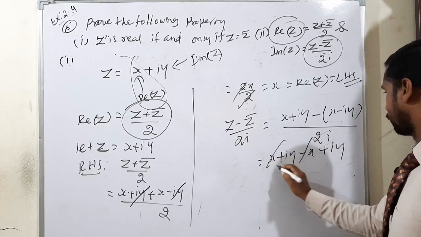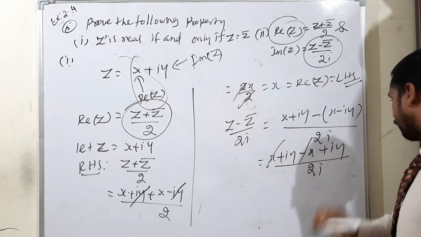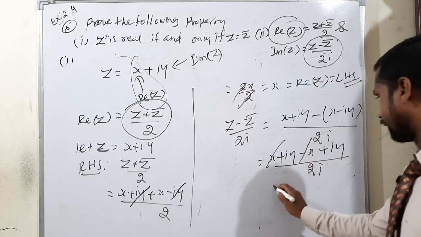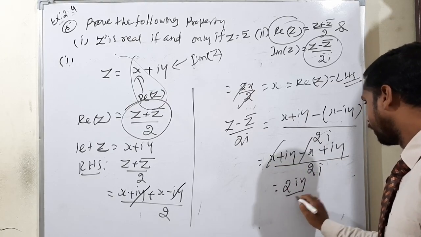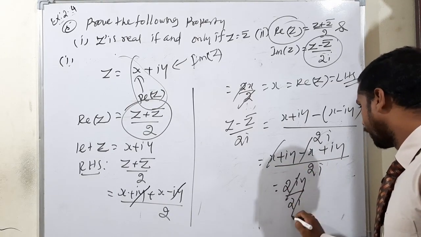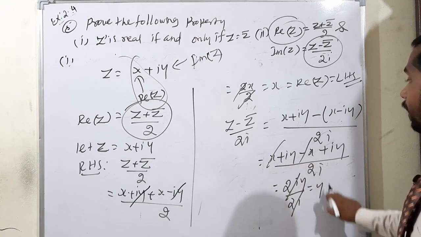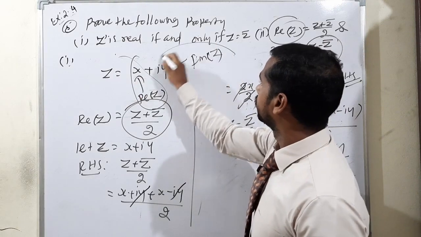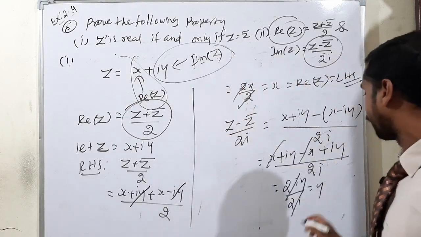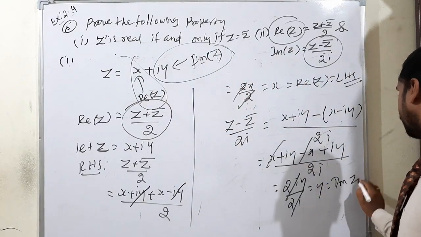Plus x minus x is cancelled, therefore 2iy divided by 2i. The 2i cancels, and we get y. When x is equal to 0, that is what is called imaginary of z. This is called imaginary of z.